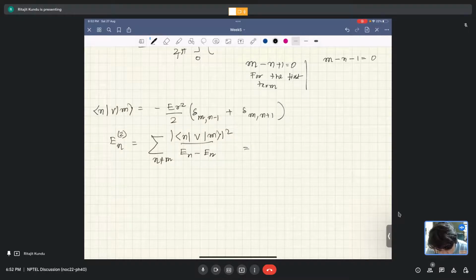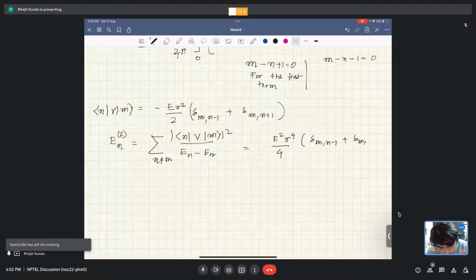So this will become e square r to the power 4 by 4, and then there is delta m comma n minus 1 plus delta m comma n plus 1, whole square. Okay, and there is a summation over n comma m, and n not equal to m.